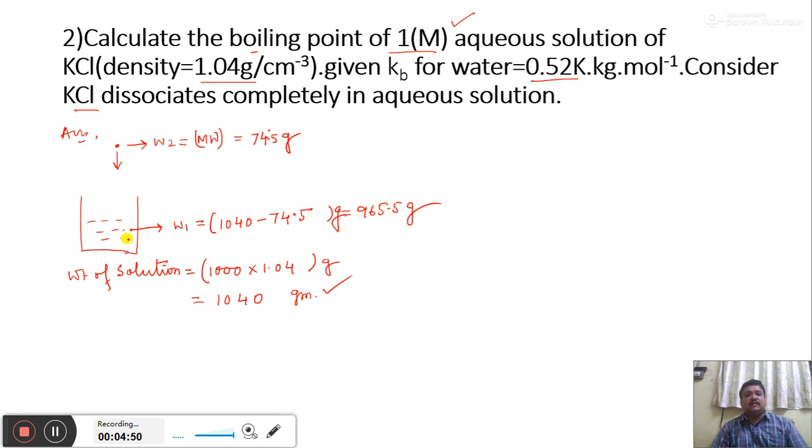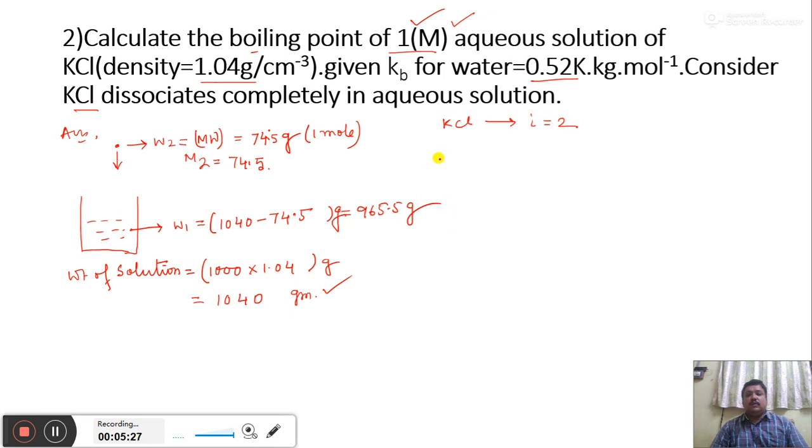So in 965.5 gram water, 74.5 gram KCl, 1 mole KCl, is dissolved. For this reason, strength of solution is 1 molar, and in this situation W1 is 965.5, W2 is 74.5, and M2 is also 74.5. Now KCl undergoes complete dissociation, so i is 2.